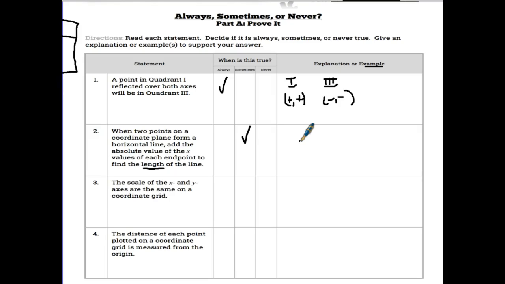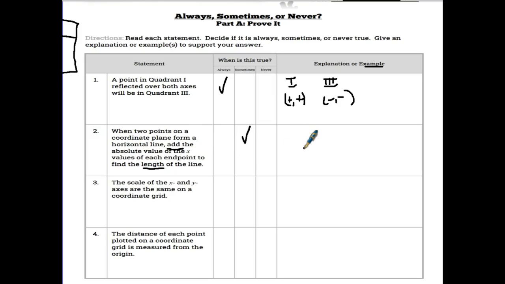But if they're in the same quadrant, they're subtracted. So this is the key here. Different quadrants, you're going to add them, but if they're not in different quadrants, you're not going to add, you're going to subtract.